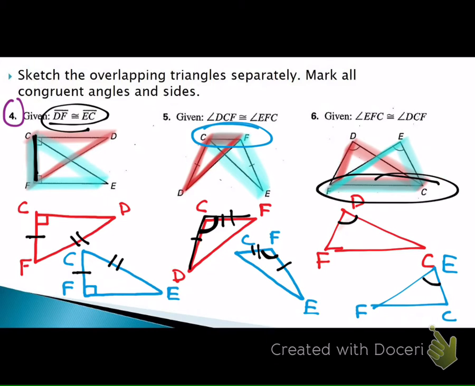This segment is the same in both. And then the additional information is that E, F, C, so EFC down here, is congruent to DCF, so that'd be right up here.